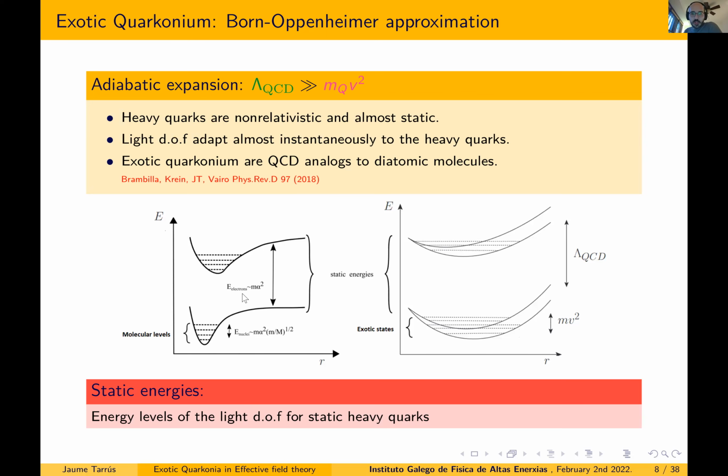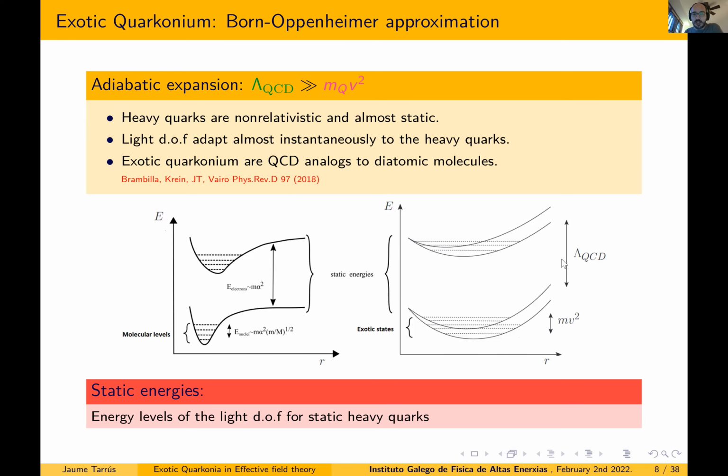Okay, so we want to apply a similar picture for exotic quarkonium. In this case, we would also have static energies corresponding to the light degrees of freedom, so the gluons or light quarks. These would also be separated by energy gaps, in this case of order Lambda QCD, since the dynamics of these light degrees of freedom is dominated by the Lambda QCD scale.